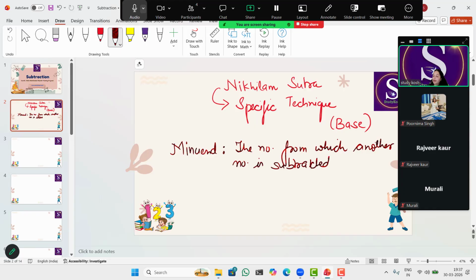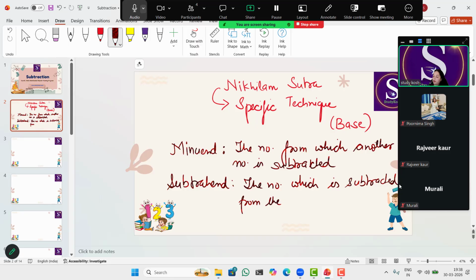And another term is subtractand. Subtractand is basically the number which is subtracted from the minuend. I'm going to use these terms when I solve the questions, so the definitions should be clear to all of you.